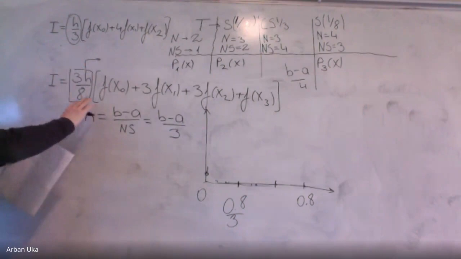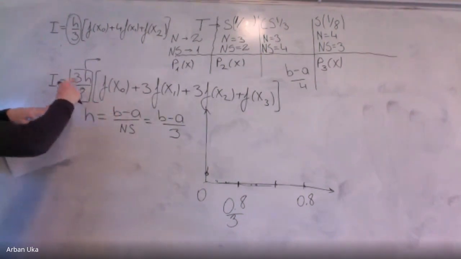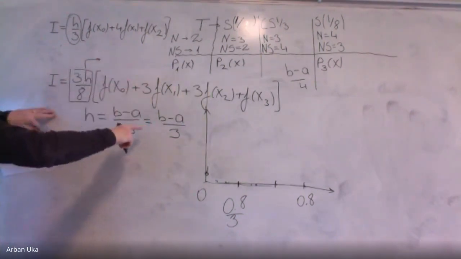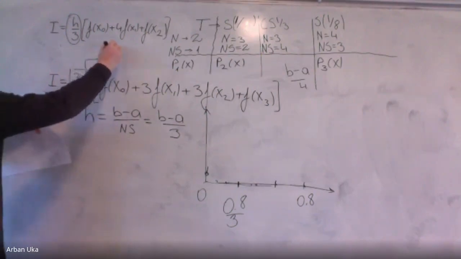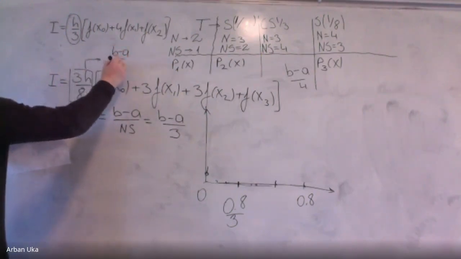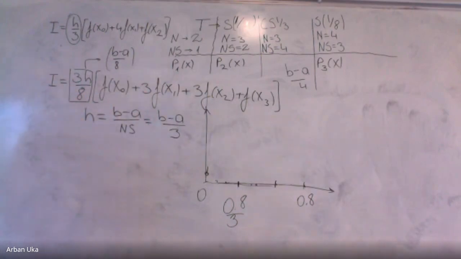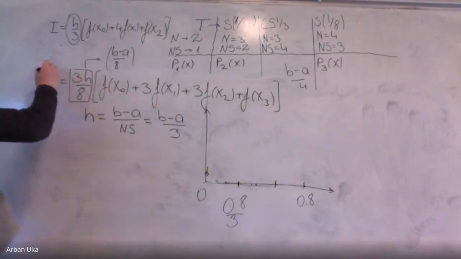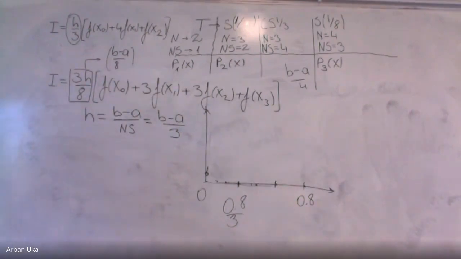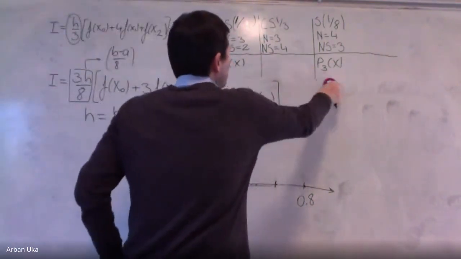Allow me not to write the whole expression again, but this will be b minus a over 8, because this 3 will cancel this other 3. But looking at this expression, maybe it's good also, but at least for the reference, it helps us to understand why it is like that.